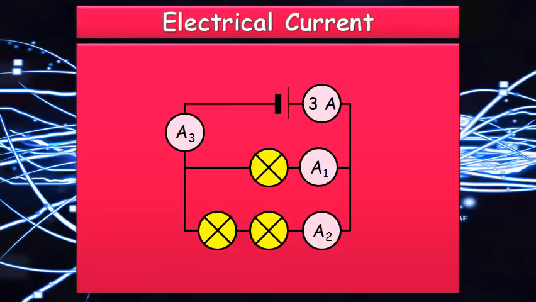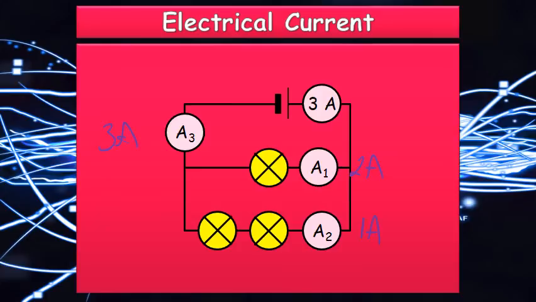So the final example is slightly more complicated, where we have a total of 3 amps, so you've got to work out what's going to be. Okay, there's more resistance here, so it's not probably going to go that way. So less current's going to go there, so it'll be 1 amp, and it will be 2 amps there, a 1 to 2 ratio, easily divided, and then they combine again to give 3 amps.